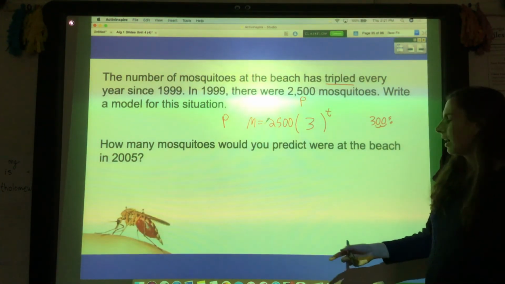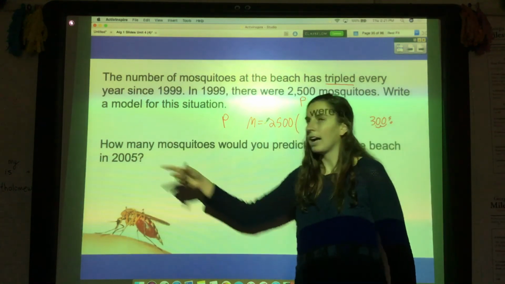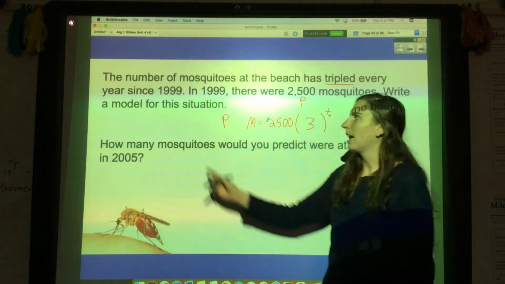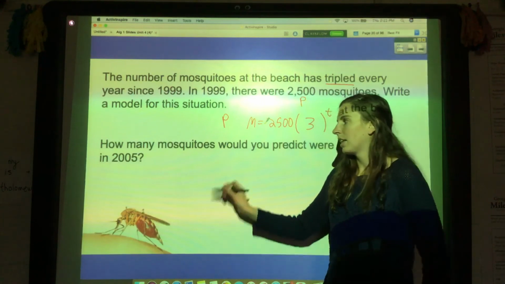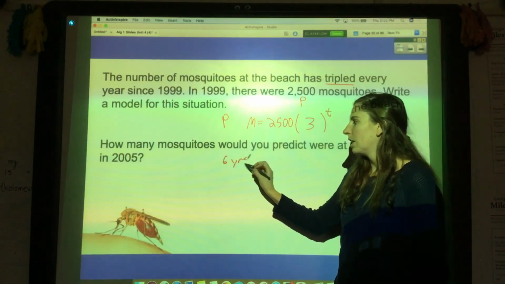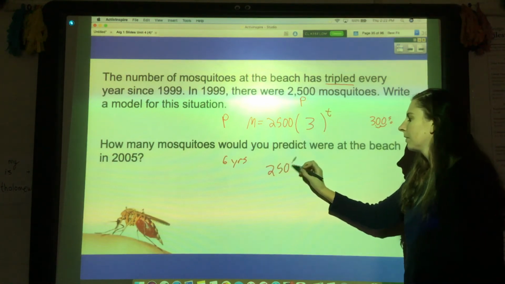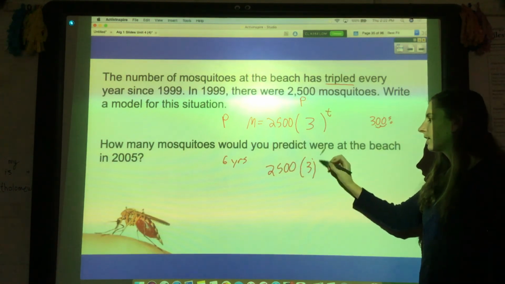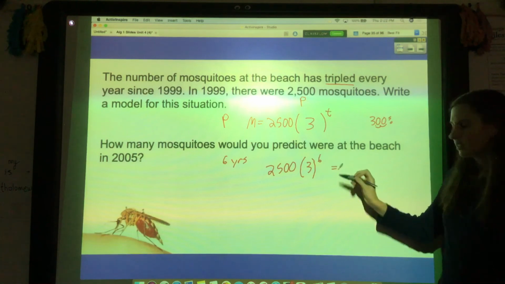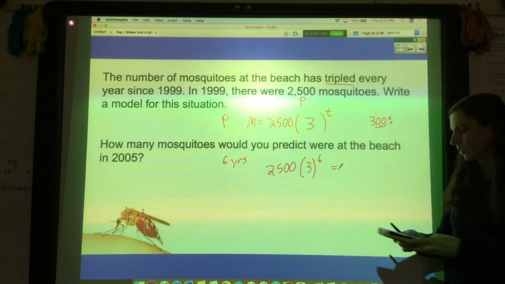So if I want to know how many mosquitoes were at the beach in 2005, first of all, how many years after 1999 is that? That would be 6 years. And so I'll put in 6 for t, and so triple it 6 times, and let's see what that is. That's going to be a lot of mosquitoes.